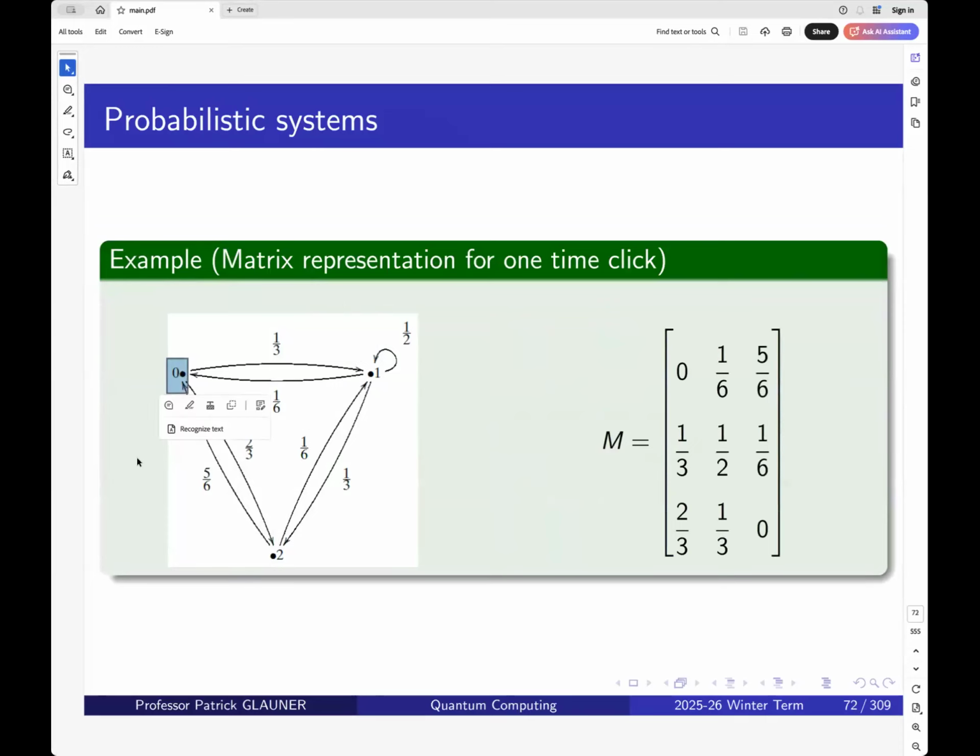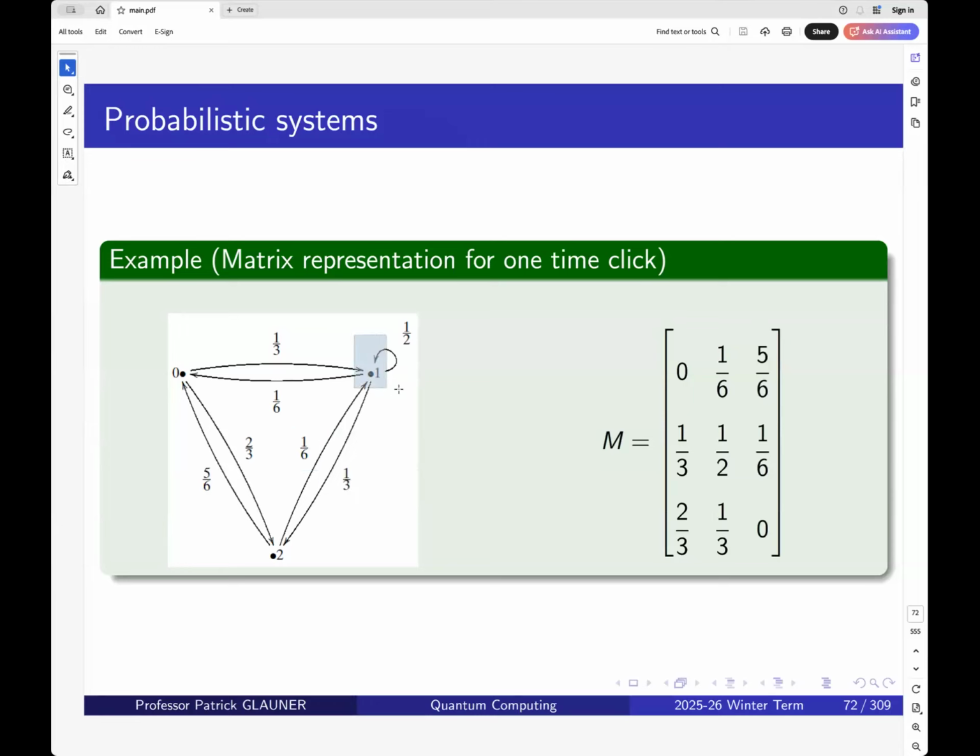So 0 has two incoming ones, this 5 divided by 6 and this 1 divided by 6. And it has two outgoing ones, 2/3 and 1/3. If you look at position 2, it has two incoming ones, 1/6 and 1/3, and 2/3, which are the incoming ones, and the outgoing ones are 5/6 and 1/6.